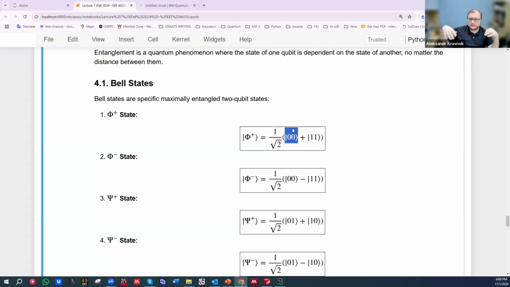However, with the same probability, you could find state 1 in this experiment. Then immediately you conclude that the second one is also in the state 1.